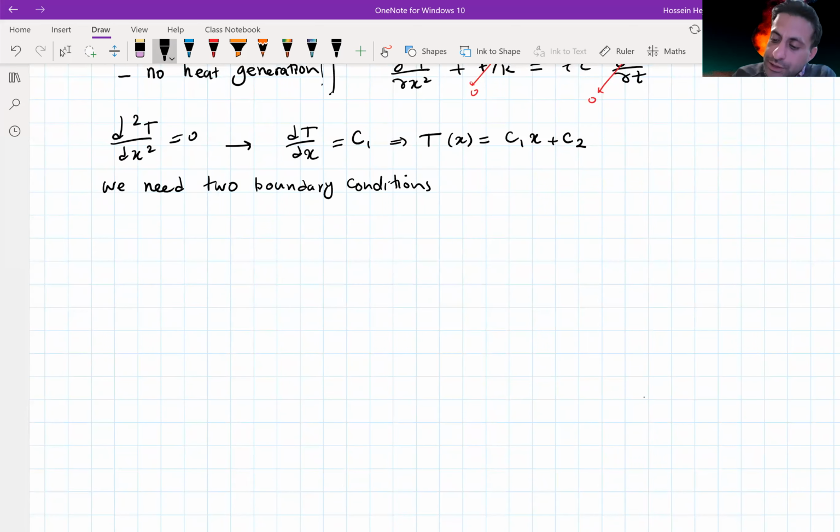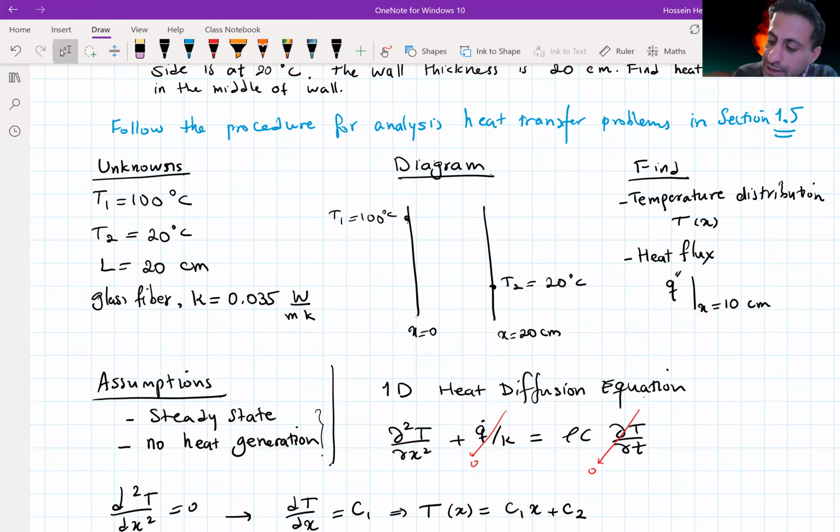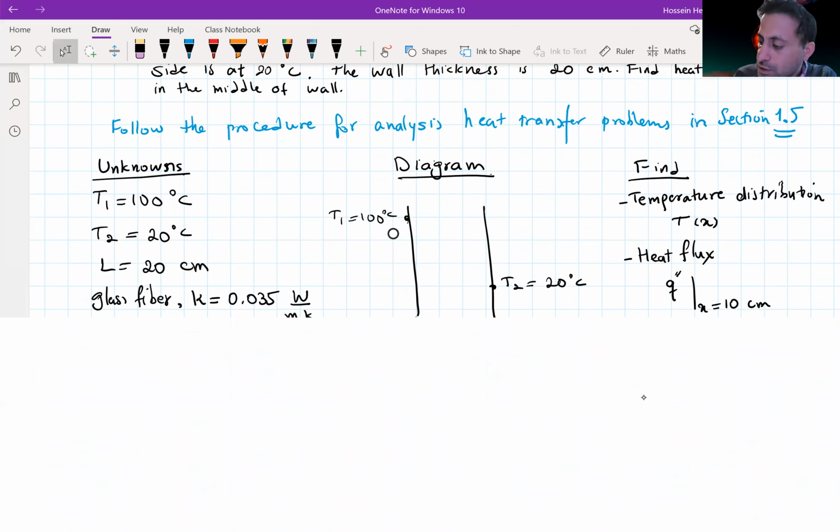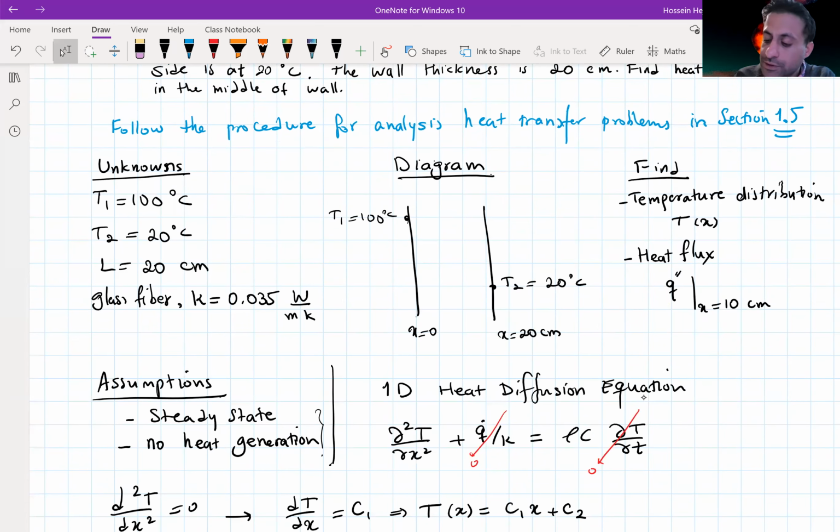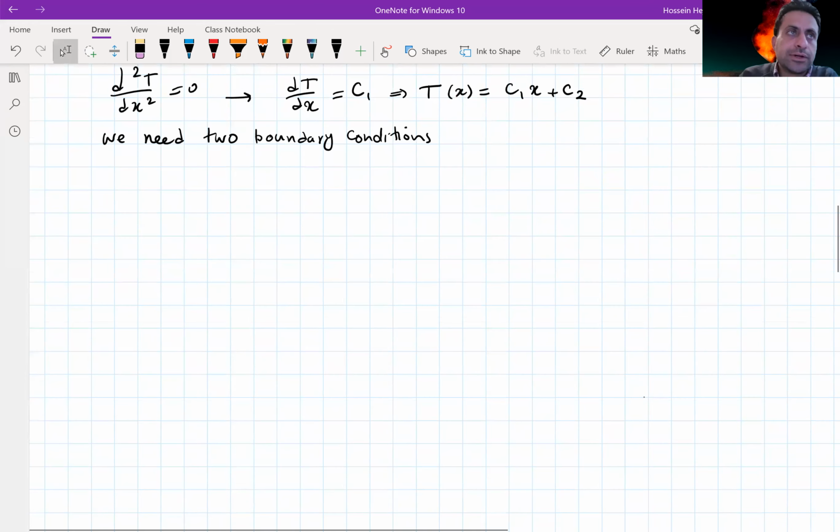For boundary conditions from the problem, we have two constant temperatures at both sides of the wall, at two x locations, 0 and 20 centimeters. So these are going to be our boundary conditions.